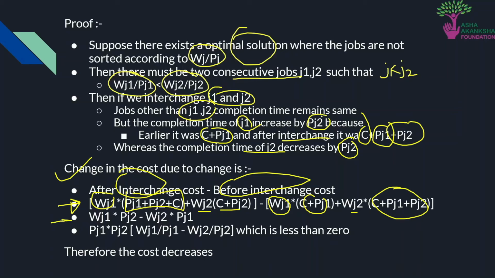We will be left with Wj1 times Pj2 minus Wj2 times Pj1. If I take Pj1 and Pj2 common, I will be left with Pj1 times Pj2 times the quantity Wj1 divided by Pj1 minus Wj2 divided by Pj2. From this we know that Wj1 divided by Pj1 is less than Wj2 divided by Pj2. Therefore, it will be less than 0, which means the cost will decrease. Therefore, our algorithm is optimal.